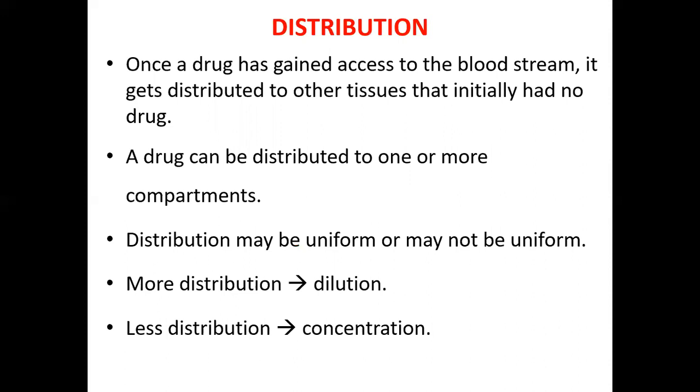The drug can be distributed to one or more compartments. Distribution may be uniform or may not be uniform. It may be evenly or unevenly or selectively distributed in different body compartments.